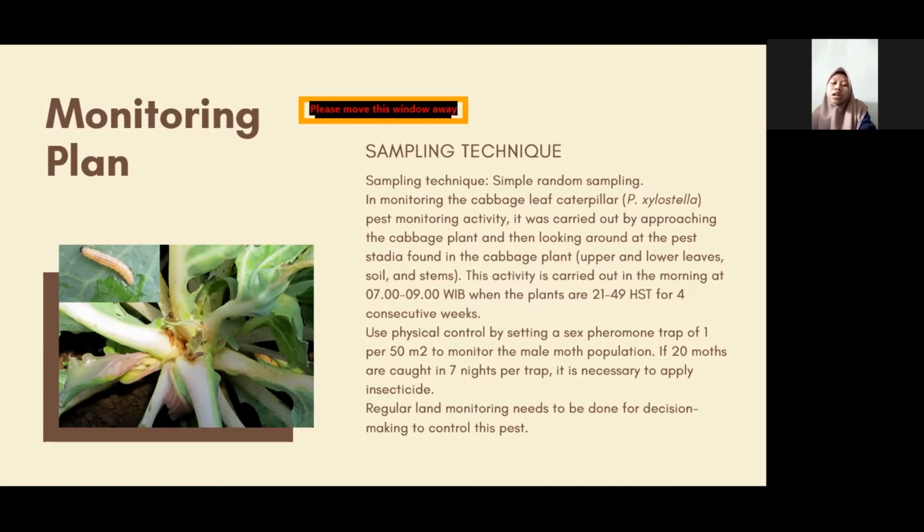Use physical control by setting a sex pheromone trap of 1 per 50 square meters to monitor the male moth population. If 20 moths are caught or 7 eggs per trap, it is necessary to apply insecticide. Regular field monitoring needs to be done for decision making to control this pest.